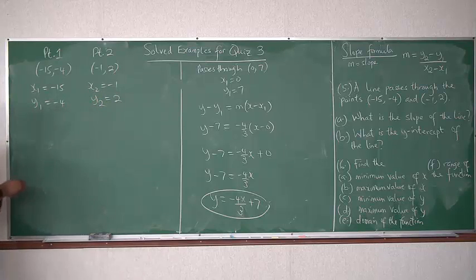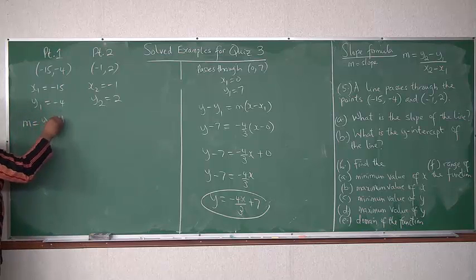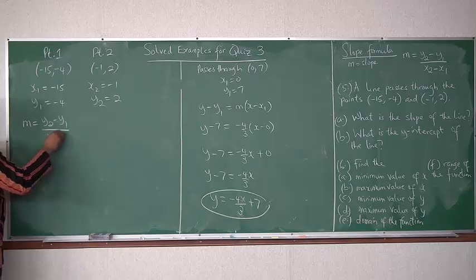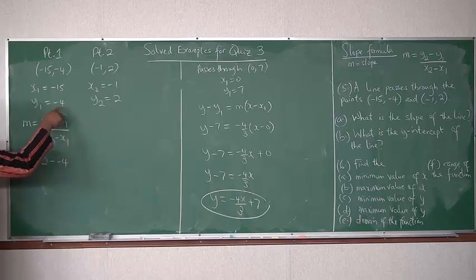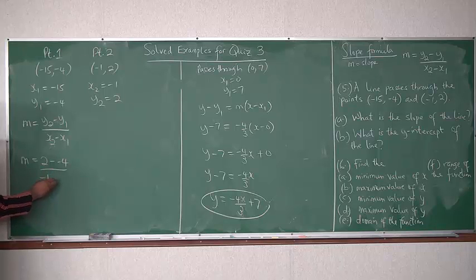We now have that the slope m is y2 minus y1 over x2 minus x1. You see, I still wrote it out. M will now be 2 minus minus 4 all over negative 1 minus minus 15.